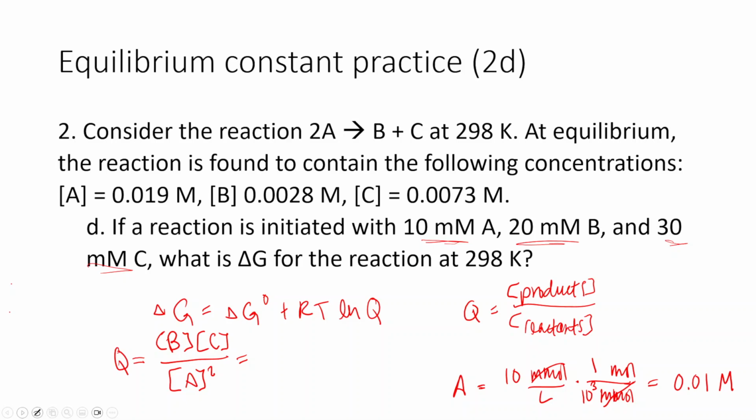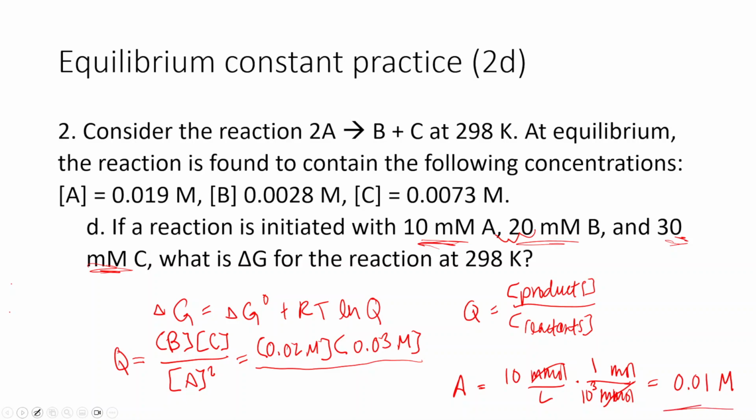So for B, we have 20 divided by 1,000, so we move the decimal 3 places over, 0.02 molar. That's our concentration of B. Our concentration of C, we have 30 millimolar, divided by 1,000, we have 0.03 molar. And then in the bottom, our A starts at 10 millimolar.